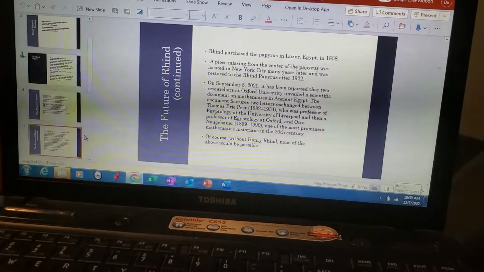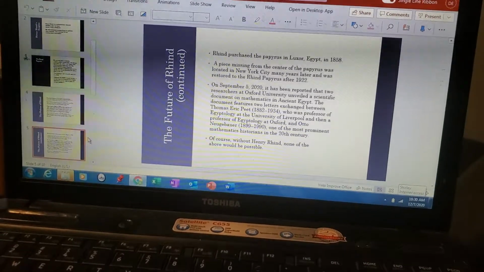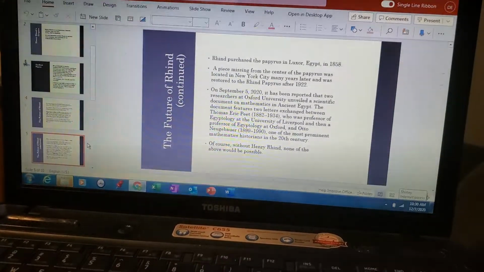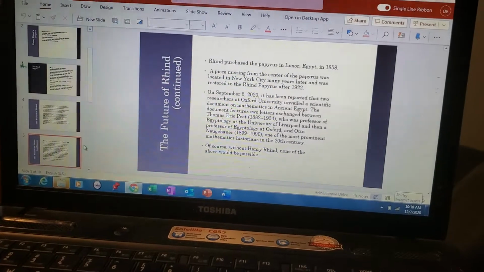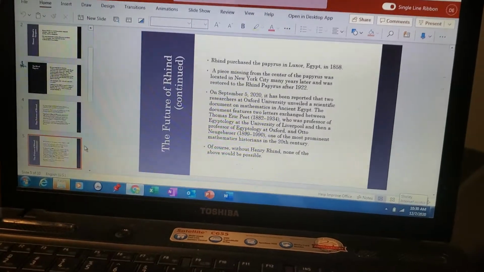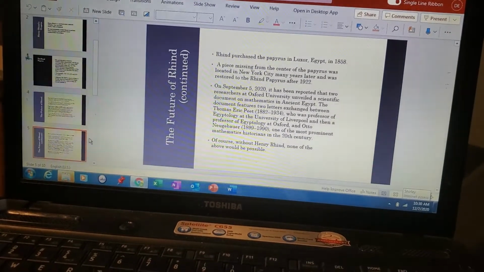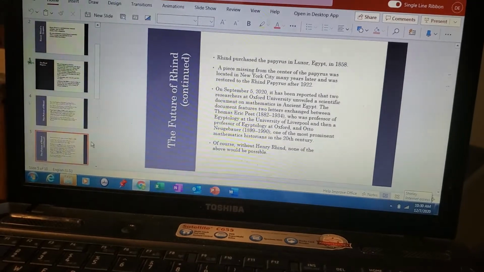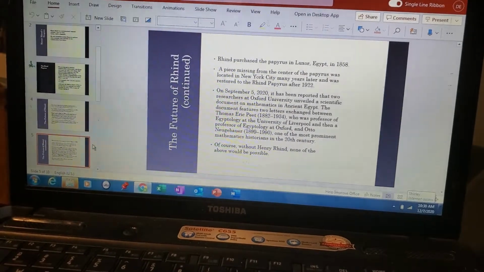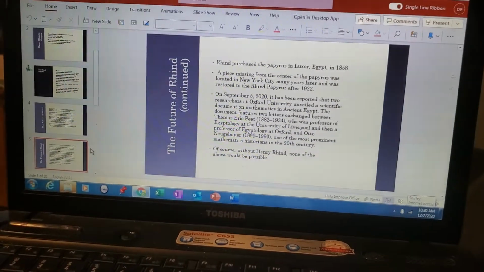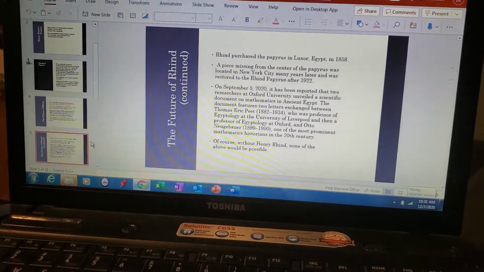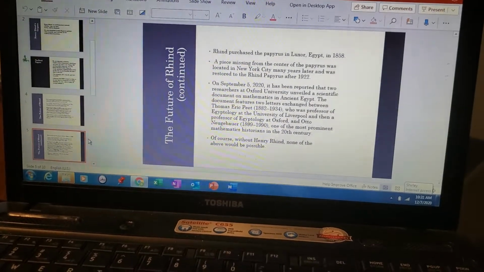On September 5th, 2020, it was revealed that 2 researchers at Oxford University unveiled the scientific document features 2 letters exchanged between Thomas Eric Peet, who was the professor of Egyptology at the University of Liverpool, and then a professor of Egyptology at Oxford, and Otto Neugebauer, one of the most prominent mathematics historians in the 20th century.